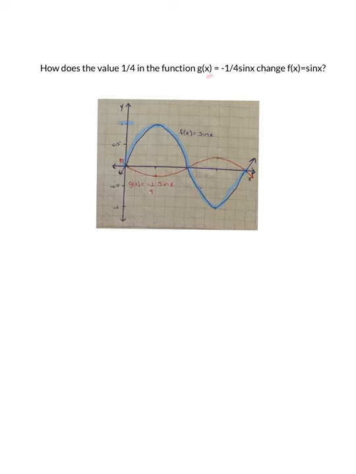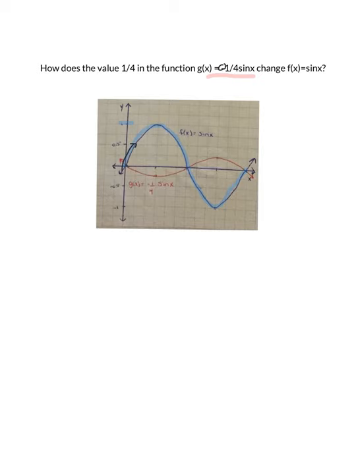Now my new graph, the -1/4 sine x, there's a couple of things that we need to talk about here. The first thing is going to be the negative. So the negative means that instead of starting by going up, we're going to start by going down. The 1/4 means that instead of having an amplitude of 1, we will have an amplitude of 1/4.